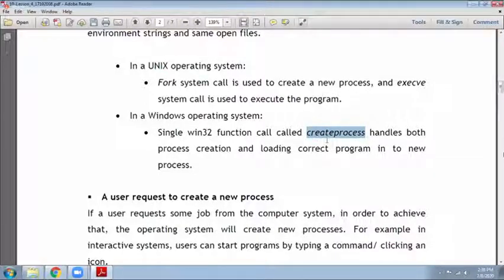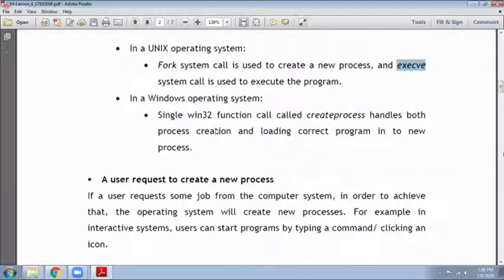It is self-explanatory, like create process, it is the command. It does both process creation and loading the correct program into the new process. So in the Windows operating system, they have integrated the two things. But in Unix, you have to give two commands: create a new process, and to load it, you have to give the execute command. Okay, so these are example codes.